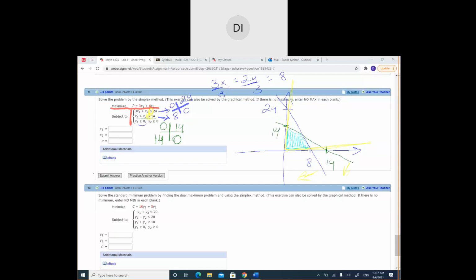Now, we need to find the corner points. Where are the corner points? We have this point here, which is 0, 0, right? Then we have 0, 14 is the second one. And then this here it's 8 and 0. This point.